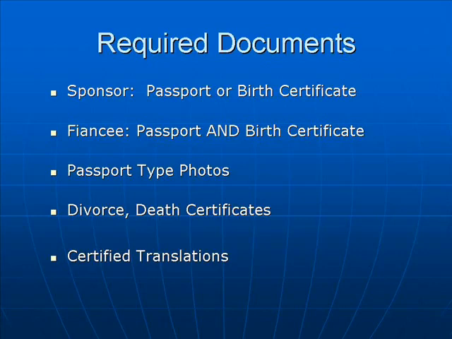In the case of the fiancée, she needs both passport and her birth certificate. Both sponsor and fiancé should submit two passport type photos each. Finally, if anyone has been previously married, you should present a copy of a divorce or death certificate or whatever is appropriate.